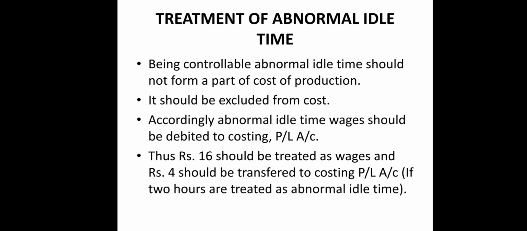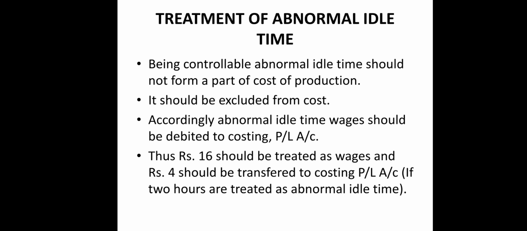Accordingly, the abnormal idle time wages will be debited to the costing P&L account. Okay, so thus rupees 16 will be treated as wages, and rupees 4, that is, if 2 hours is abnormal idle time, then rupees 4 will be transferred to the costing profit and loss account.